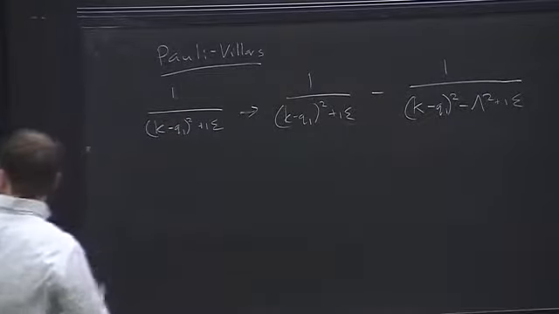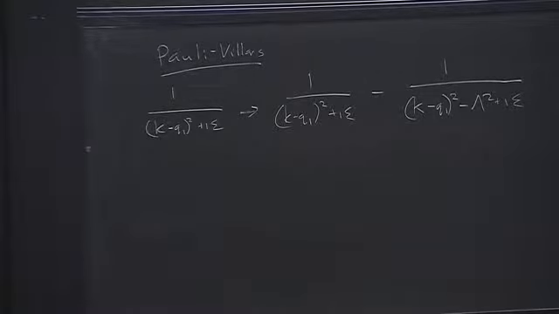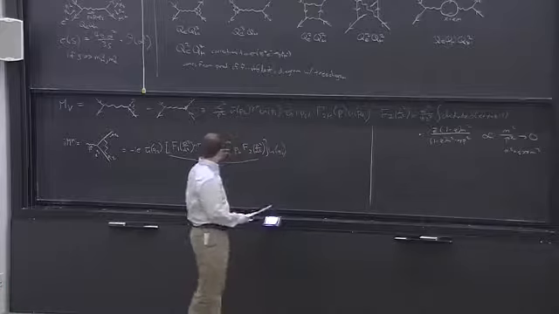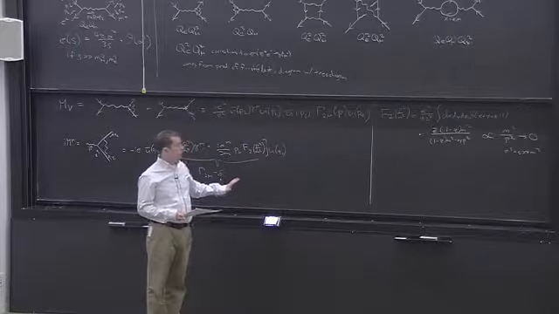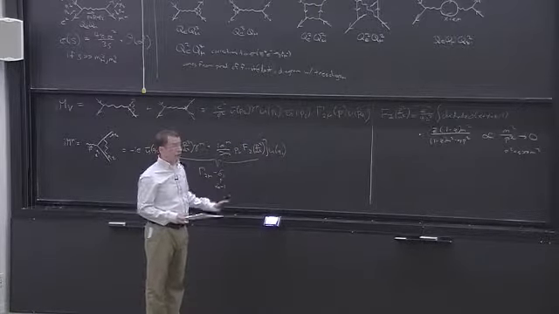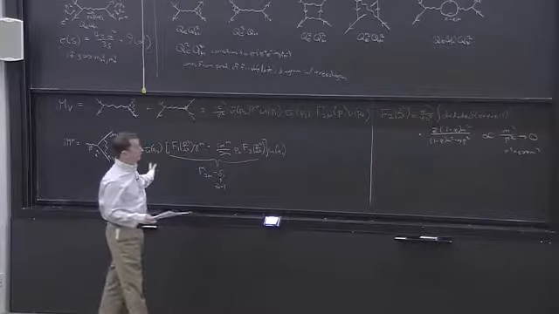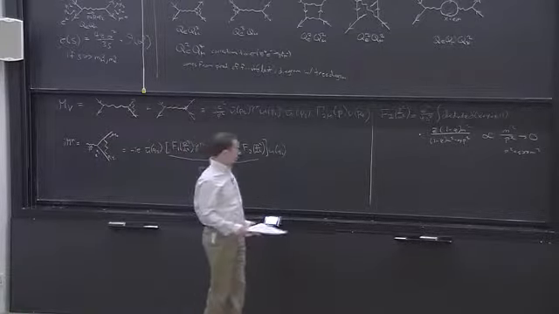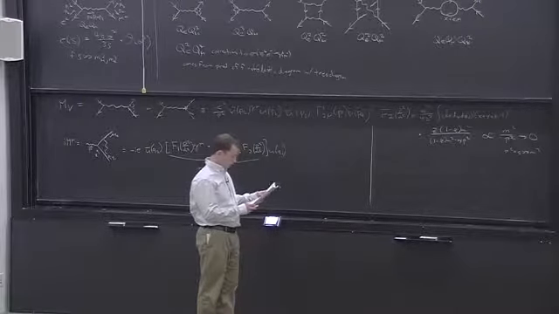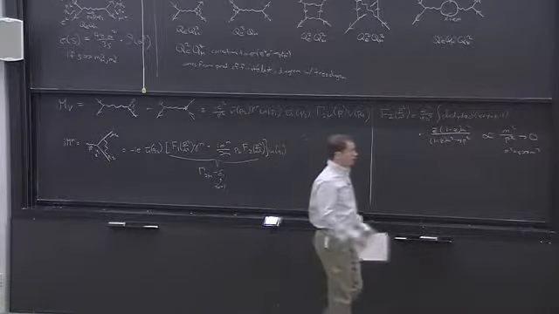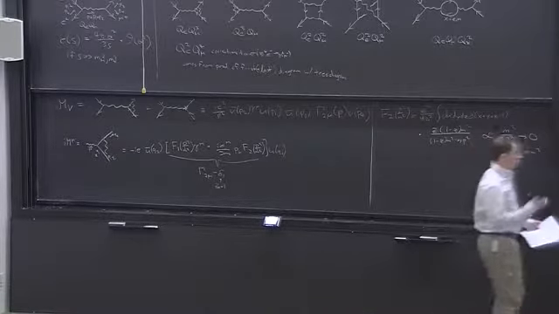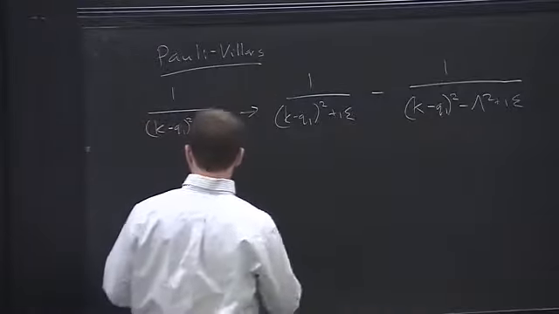And we also have an IR divergence. So we need some way to regulate our IR divergence to continue with the calculation. And the simplest way to regulate the IR divergence is to just assume that the photon has some small non-zero mass. We'll take it to 0 at the end of our calculation.